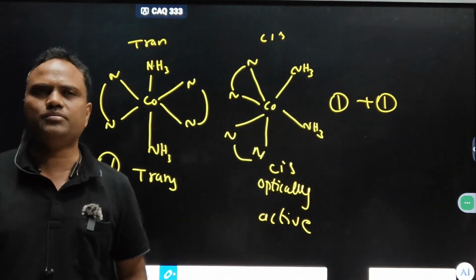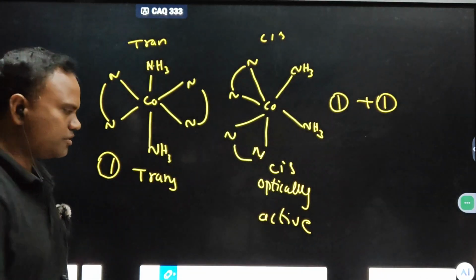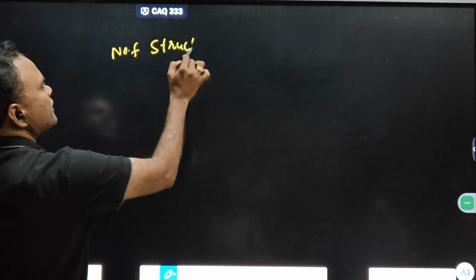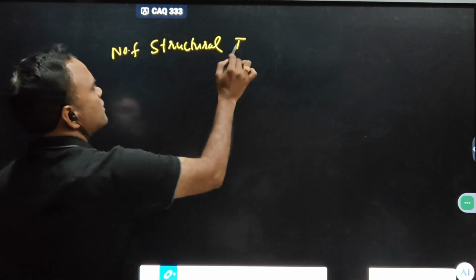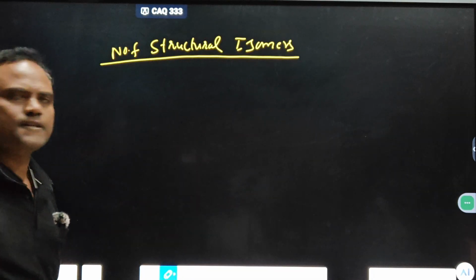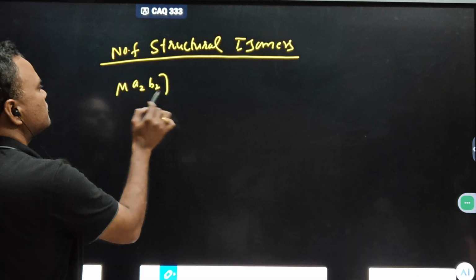Note down some important formulas and their possible isomers. Keep the heading: number of structural isomers, I am writing structural only, not optical.